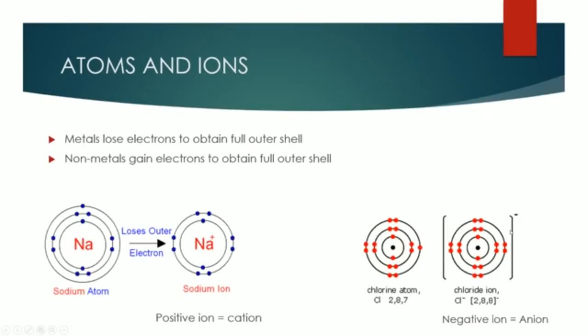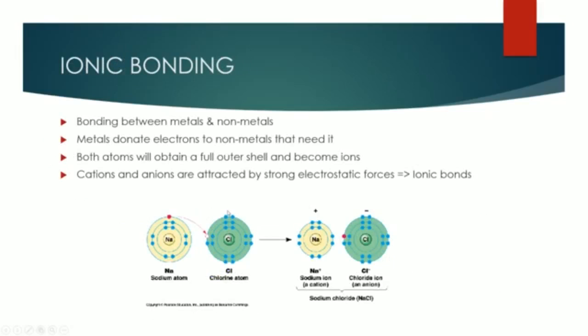But if you look at this diagram here, the fact that sodium needs to lose a single electron and a chlorine atom simply needs to gain an electron, you see a possible win-win situation happening here. So that's exactly what happens. In ionic bonding, it's basically the bonding between metals and non-metals.